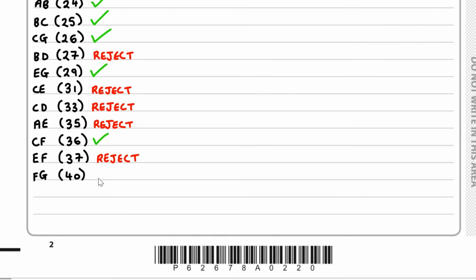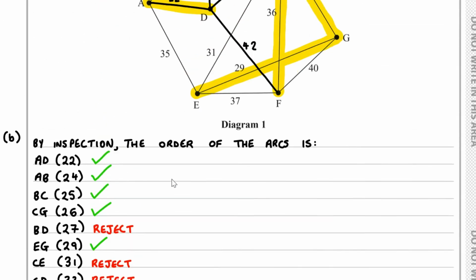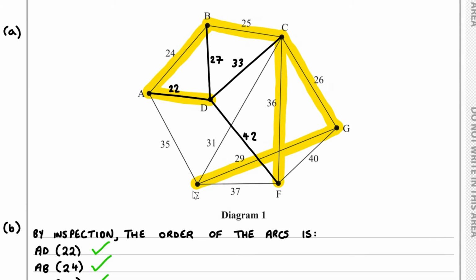So here we would have to reject FG, and therefore our minimum spanning tree is shown highlighted in yellow.